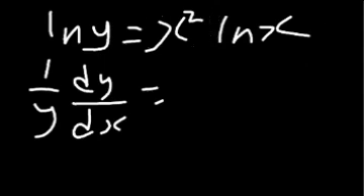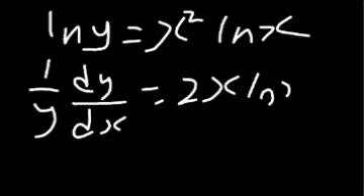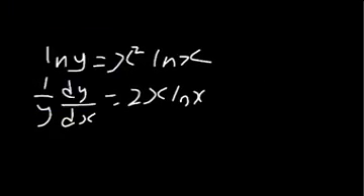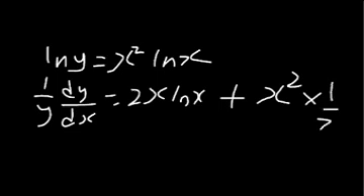So we have the derivative of x squared, which is 2x, times ln x, plus the derivative of ln x. That's x squared, and the derivative of ln x is 1 over x, so that will be times 1 over x.